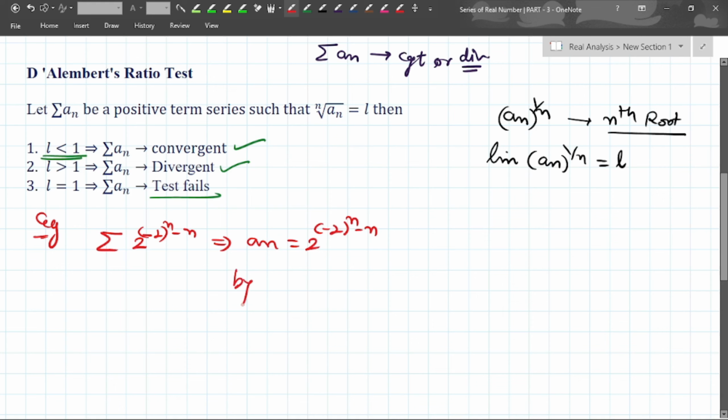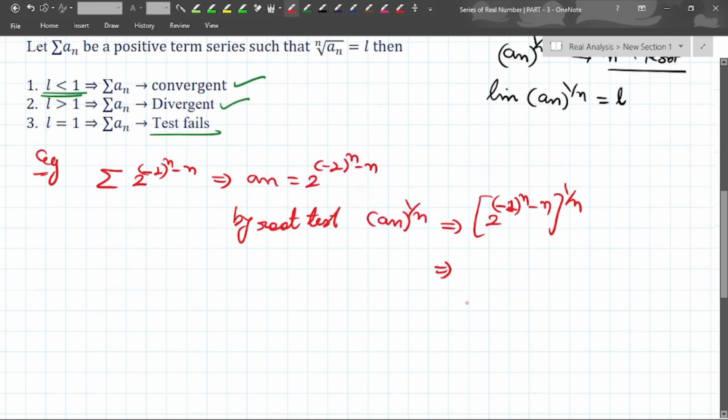By the root test, we take the nth root: 2 to the power of minus 1 to the power n, minus n, raised to 1 by n.